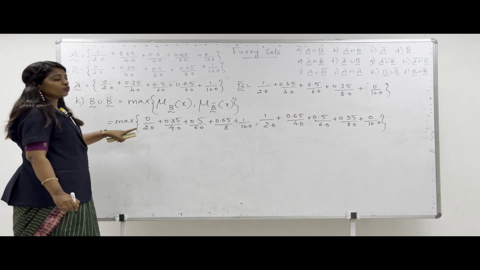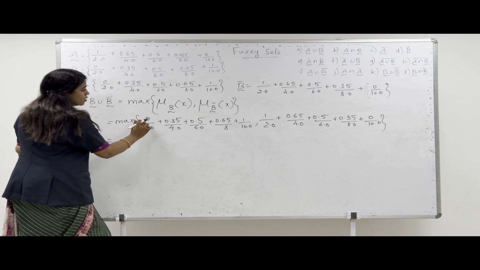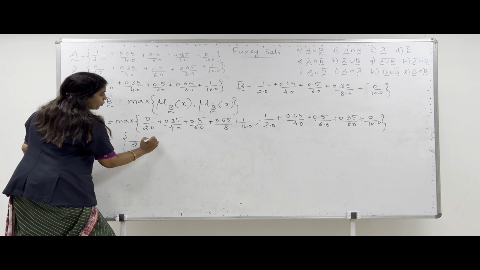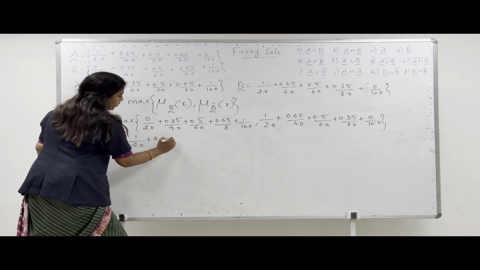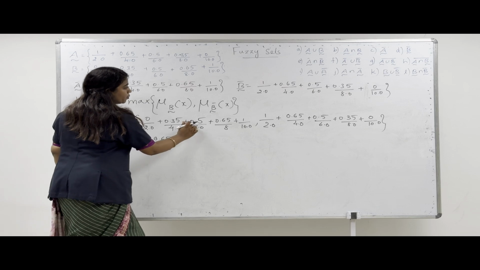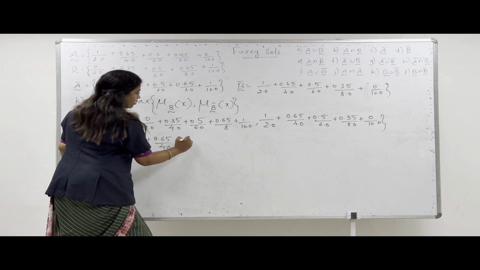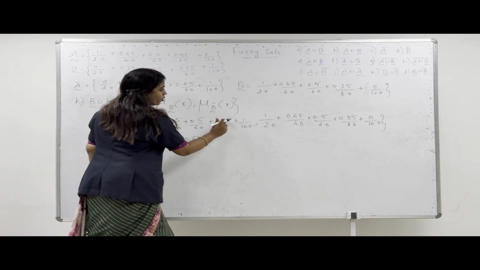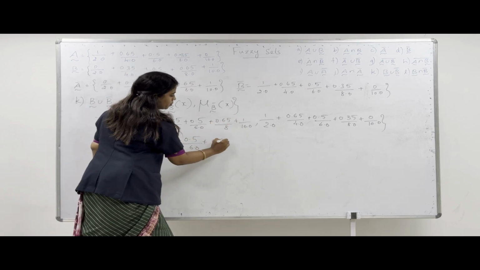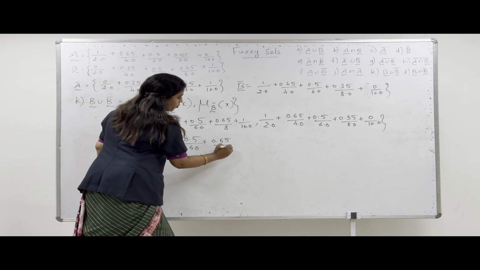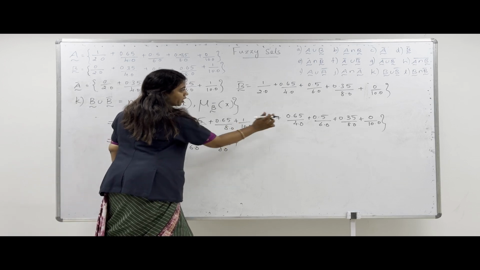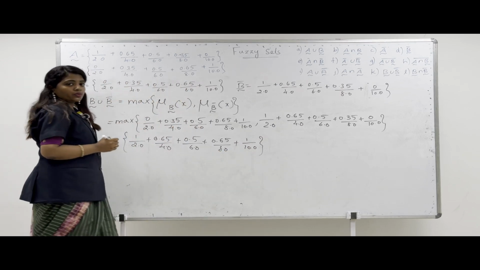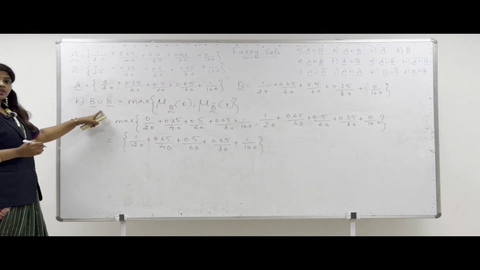So, from this we have to find the maximum. 0 and 1, that is 1 by 2.0, 0.65 by 4.0, next 0.5 by 6.0, 0.65 and 0.35, maximum is 0.65 by 8.0, and 1 and 0, 1 is the maximum. So, this is the value for B union B bar.